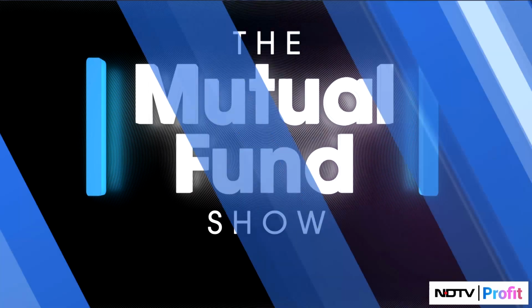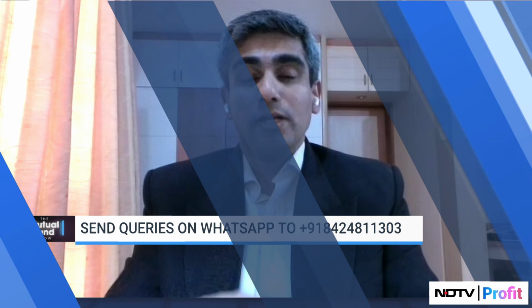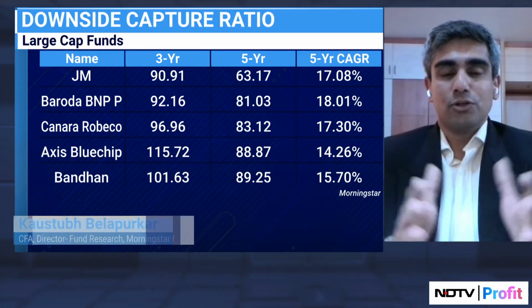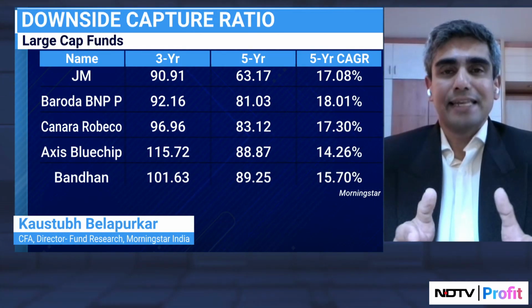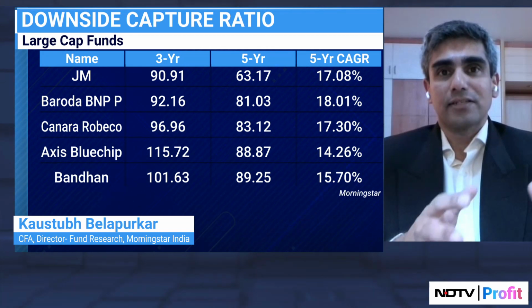Yeah, so I think two things. So, yes, different categories will typically have different ranges. And in the large cap space, surprisingly, the down capture ratios tend to be closer or higher than some of the mid and small caps, purely because you have these 100 stocks, and there's lesser active share that the fund managers run.